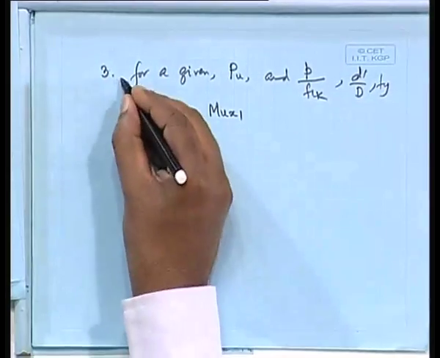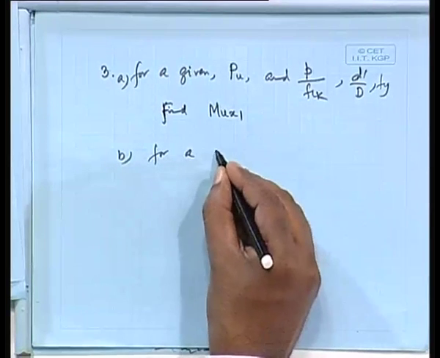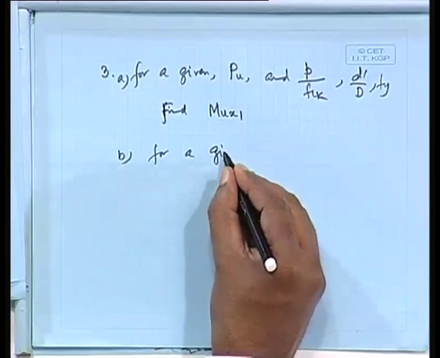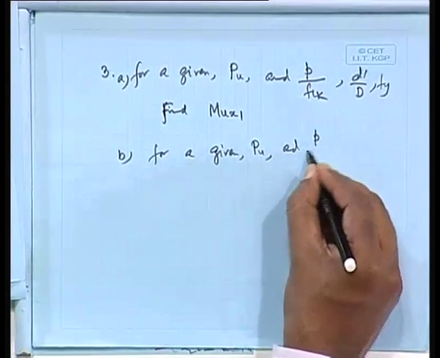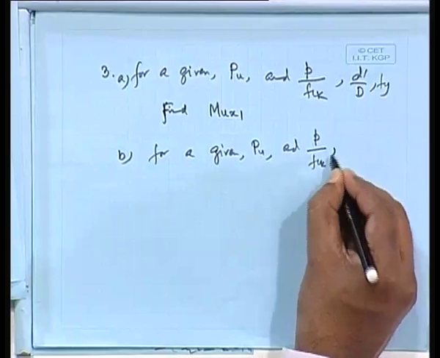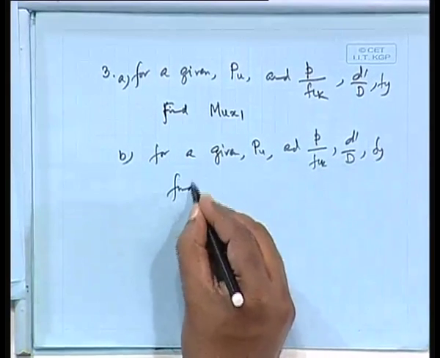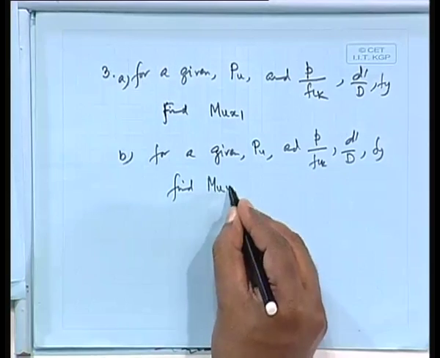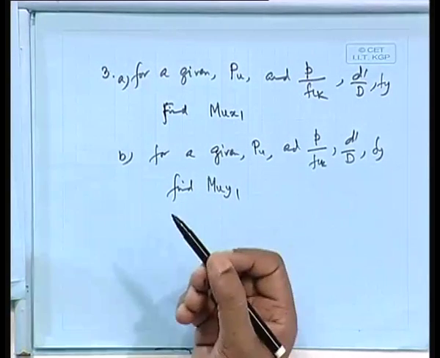Similarly, for the same Pu and P by fck, d dash by D and fy, find Muy1. So, that means I can find out about the other axis.